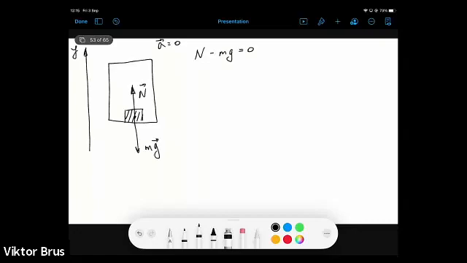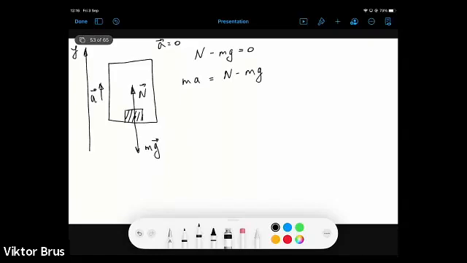So let us consider acceleration a, which is pointed upwards, of this lift. Then we get some motion of this body with some acceleration. So we can write m times a, which is positive because it goes along the axis y, is equal to n minus mg.